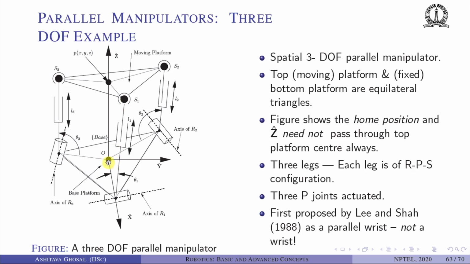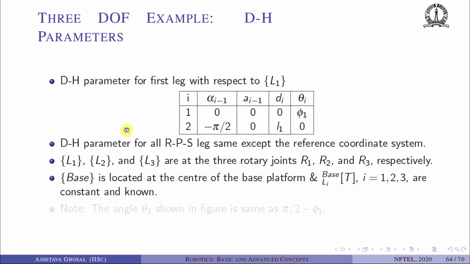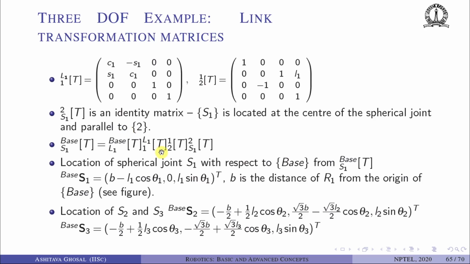So you can see it will be some distance from O to this point along the x-axis, then something which will vary with the angle theta 1, and something which will vary with respect to L1. It turns out that the position vector of the first spherical joint is B minus L1 cos theta 1, the y coordinate will be 0, and the z coordinate will be L1 sin theta 1.